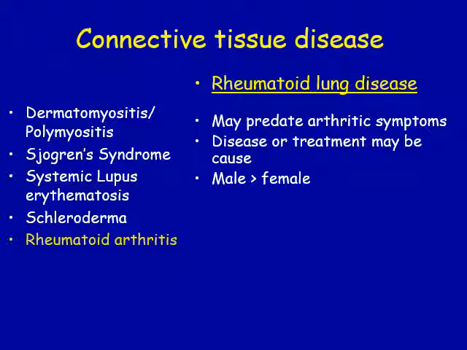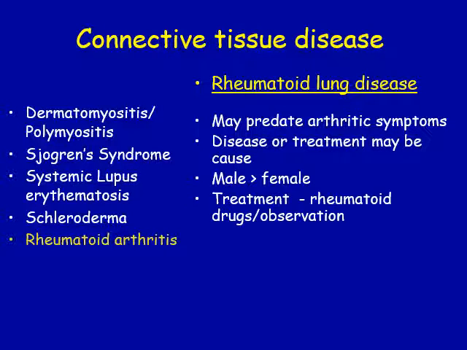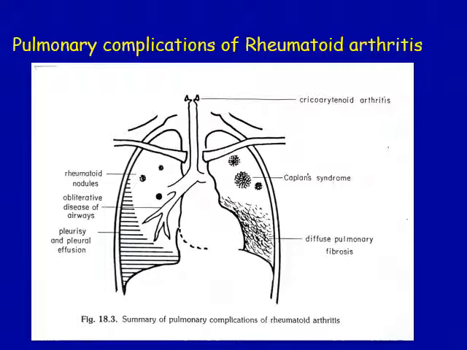It affects males more than females. The treatment is that of rheumatoid arthritis, by giving the drugs for rheumatoid arthritis, usually with steroid here, or sometimes observation. And the progress depends on the type affected, either diffuse fibrosis or effusion or other.